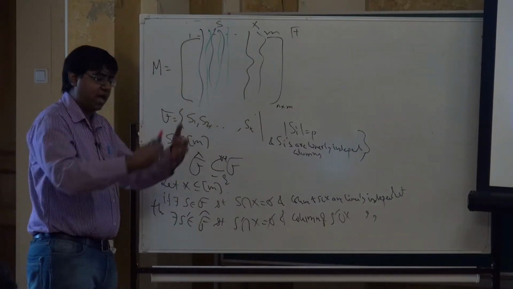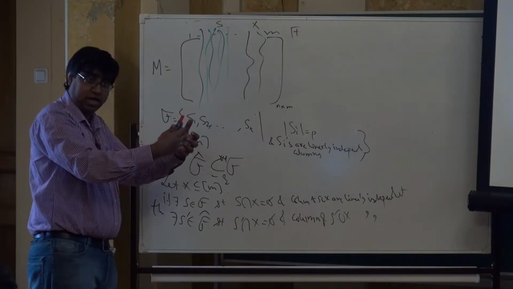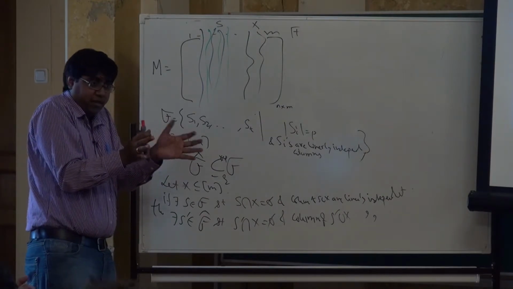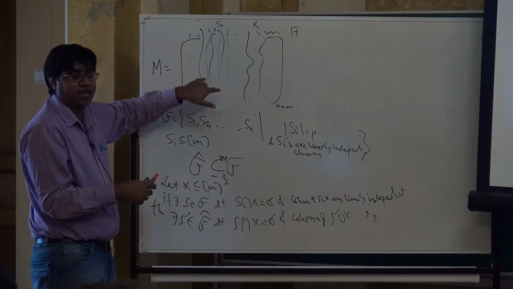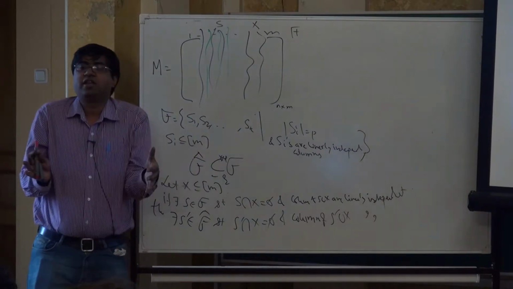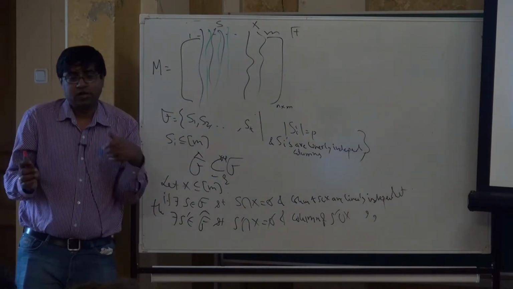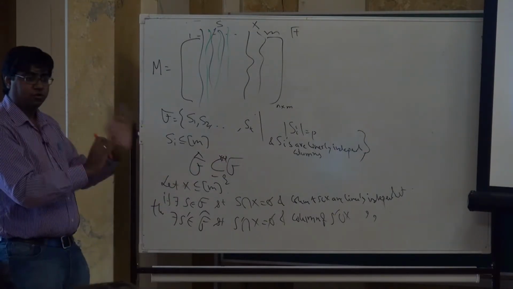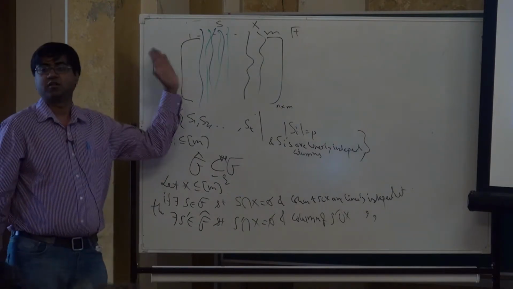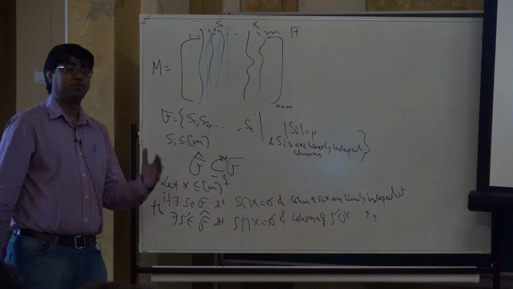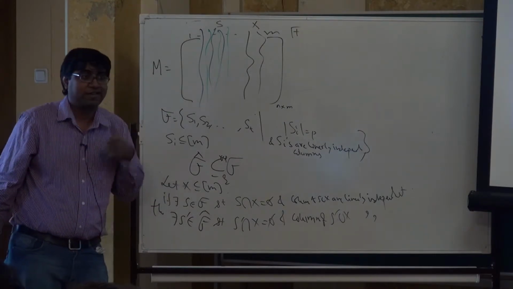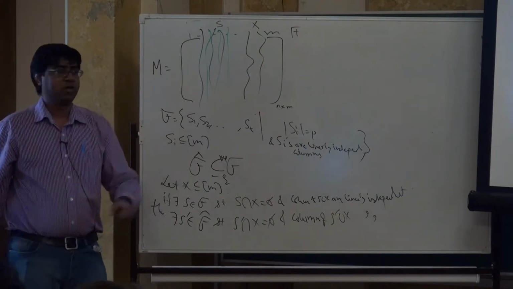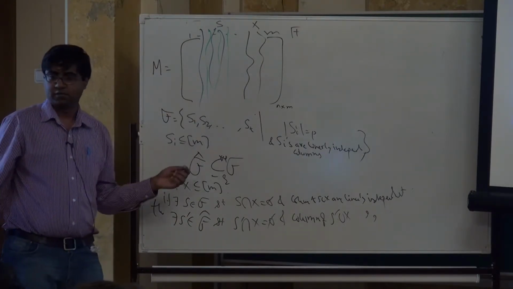S intersection X being empty, as sets they do not intersect, and as subspaces, if S_i has dimension P and X has dimension Q, their union has dimension P plus Q. So whatever we were talking about for sets, now we are talking about subspaces. If you do not want to think in those languages, this is all that it means in terms of matrices. Whatever we proved for set families, I want to prove for this. I will tell you in a minute why whatever we were doing can be thought of this way.